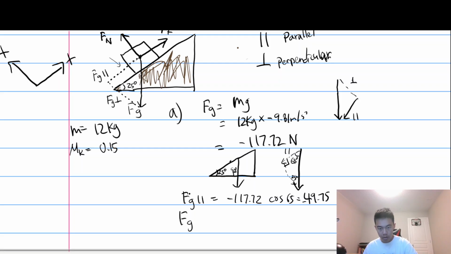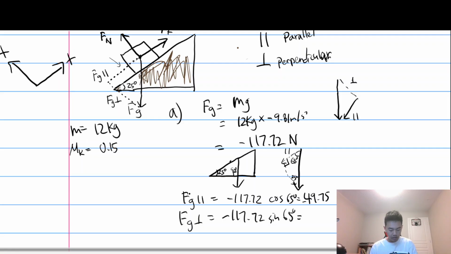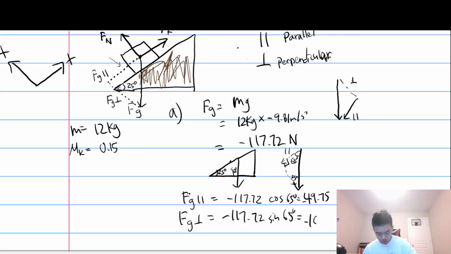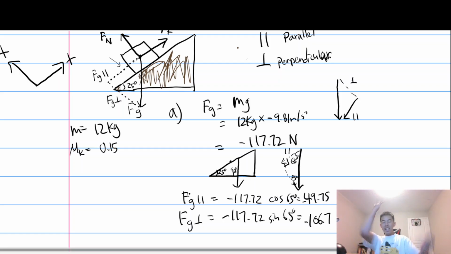Now for the perpendicular component, that would be sine 65. And it's always just either cosine or sine. So that's negative 106.7 newtons.